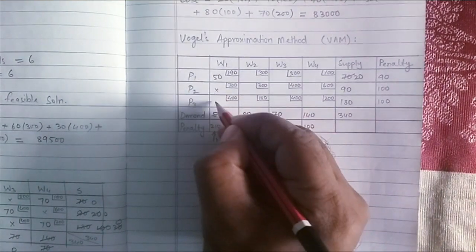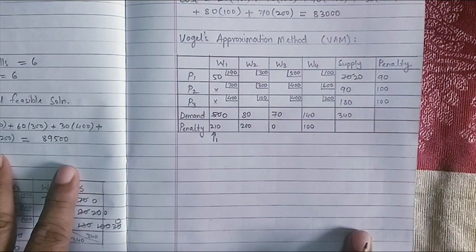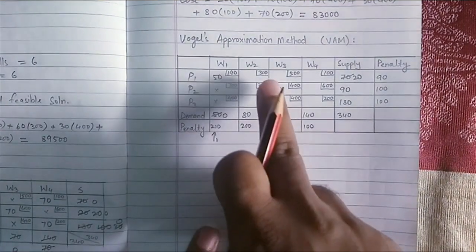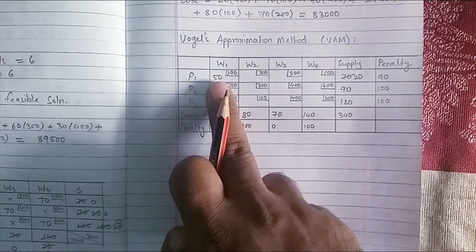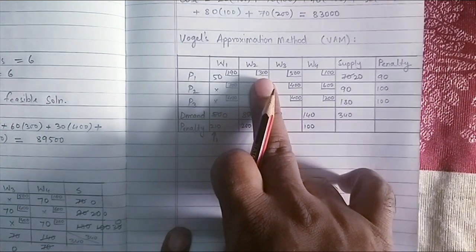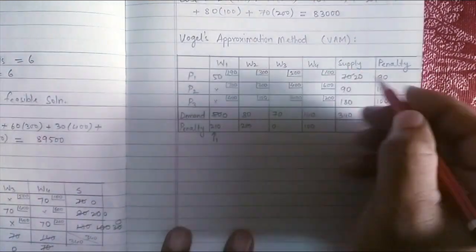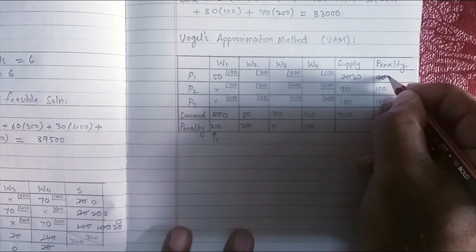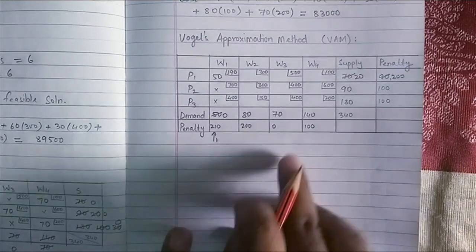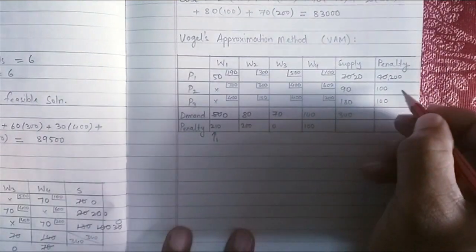So I will just put a cross and recalculate all my penalties from the remaining cells. Again, check the first row. Do not include this cell because it is allocated. Check the least two values. We have 100 and 300 now, so my new penalty is 200. Second row, we have 300 and 400.